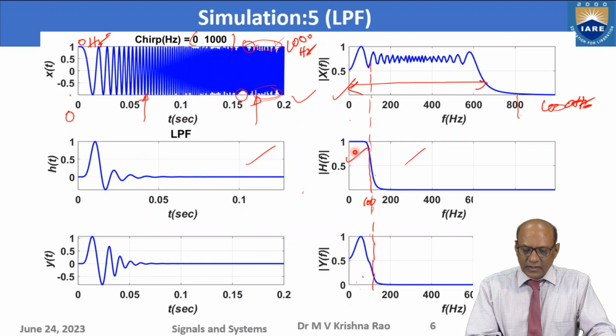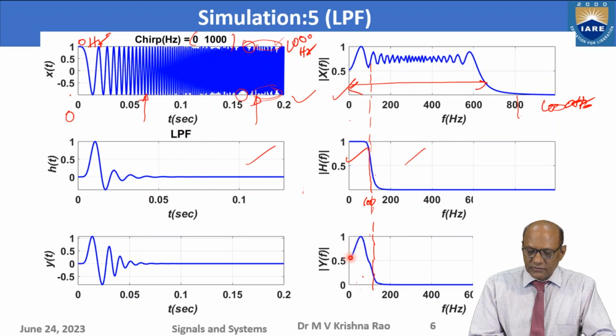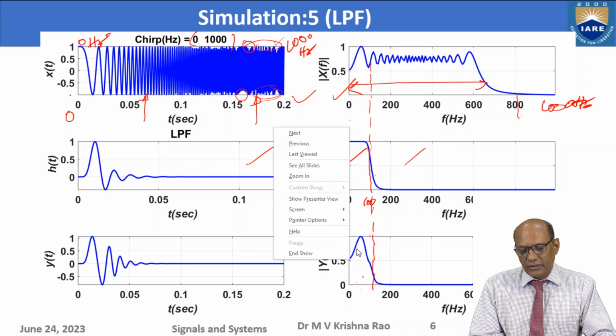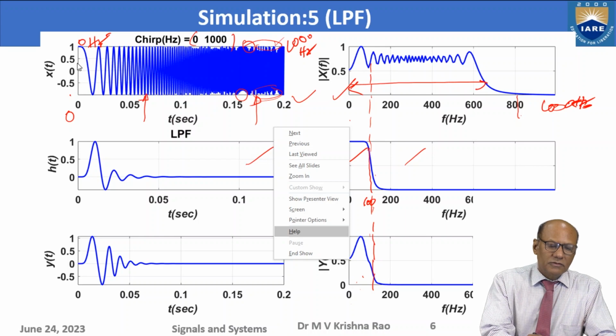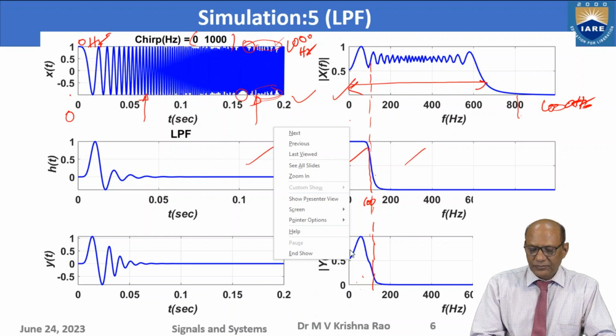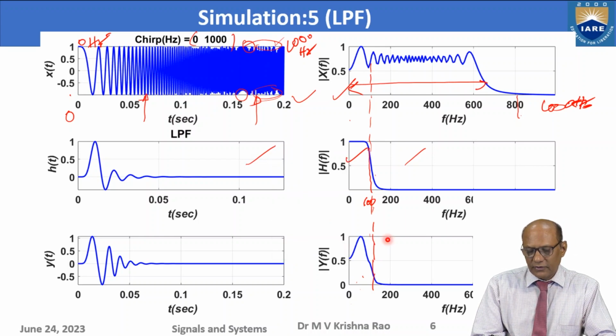Within the pass band, the frequencies are starting from some lower value. It is increasing. This is the DC value actually. Whatever I see is 0.5. It is the DC value. So at this point, I have the DC value at this instant. So that is what is reflecting into 0.5 here.